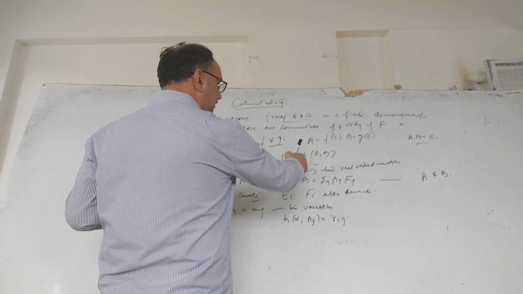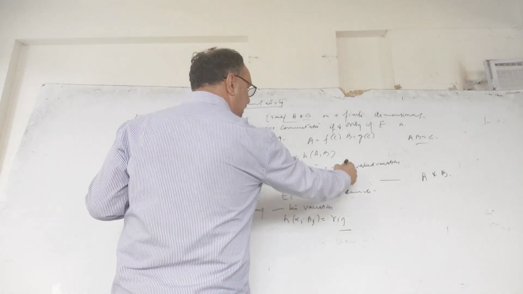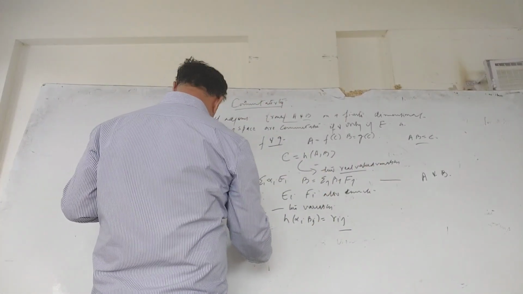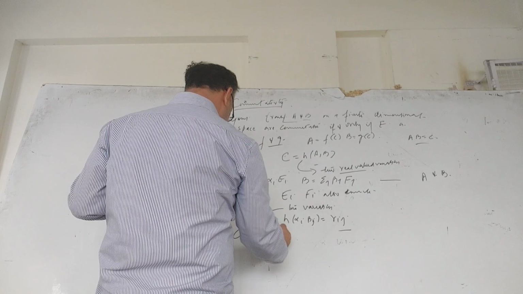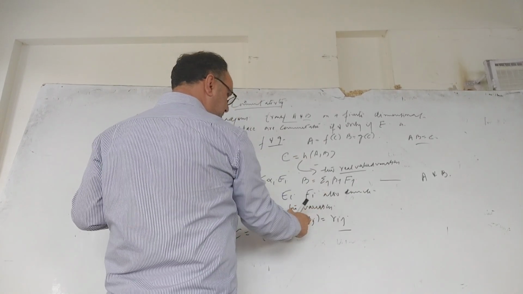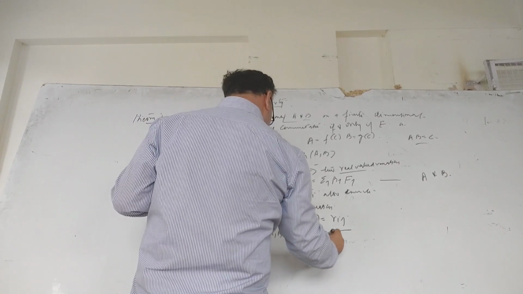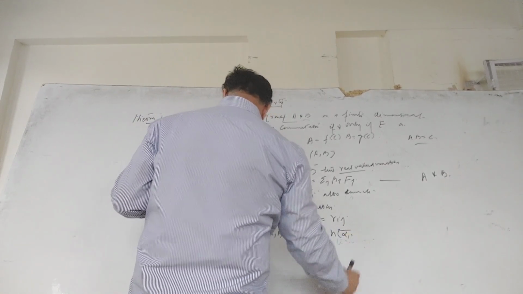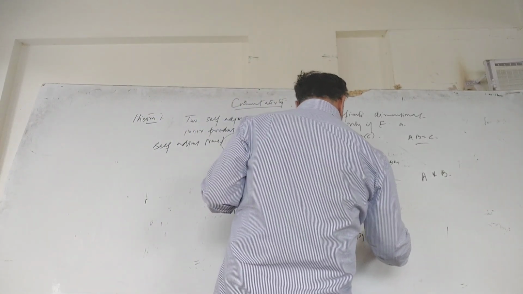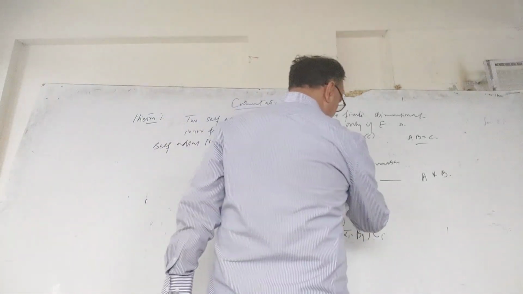So if we want to define h in terms of these alpha i and beta j, in terms of two real valued functions, then C, as h of A and B, can be defined. Now we have translated these variables in terms of h of alpha i, beta j times E_i and F_j.